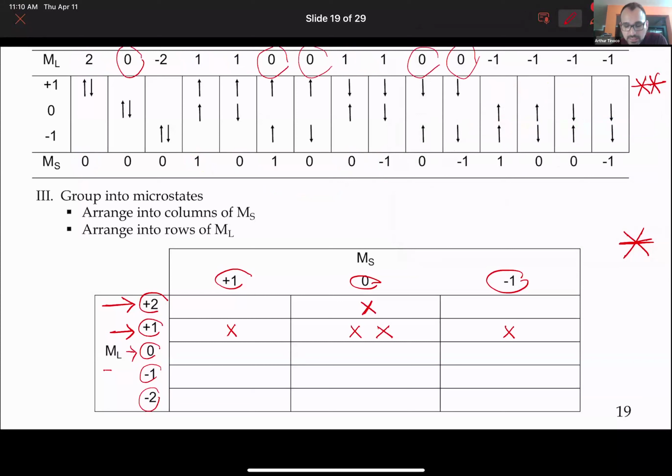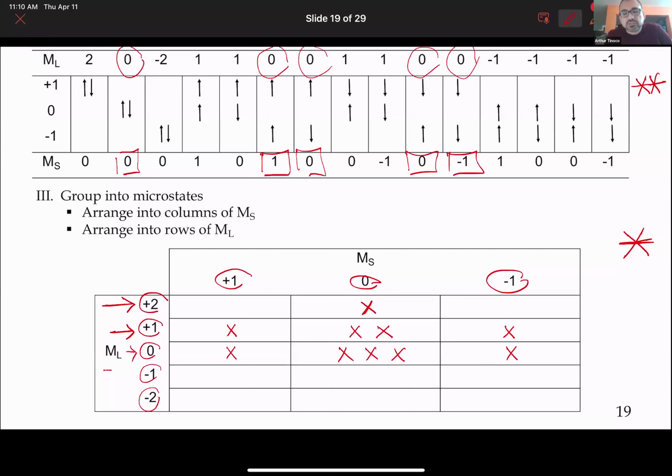Here we in fact have one, and I believe that's it, so I'm going to mark that here. And then the question is m sub l of 0 and m sub s of 0. Will we have that here, and then here and here? So here, here, here. And then m sub l of 0 and m sub s of -1, we have that here, and we'll mark that here.